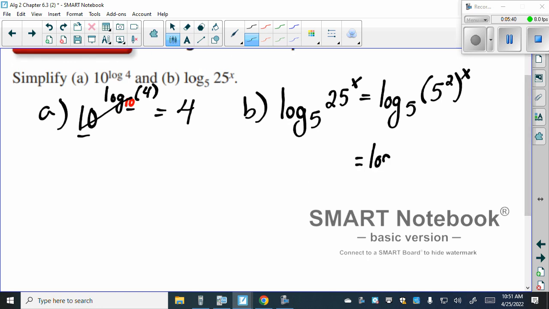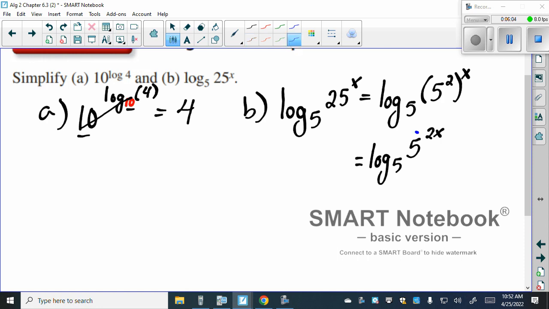Before we finish, we simplify the parentheses: powers of powers multiply, so we really have 5 to the 2x. We could have gone straight there.